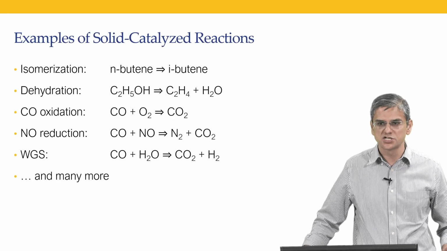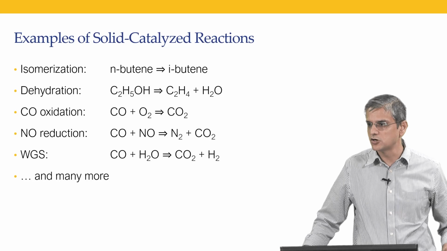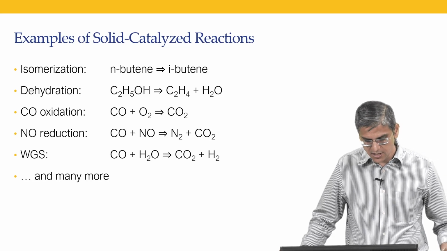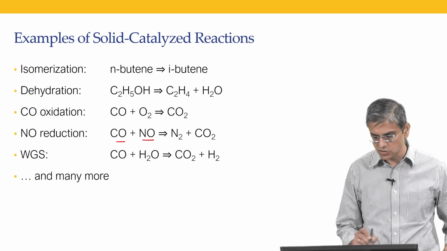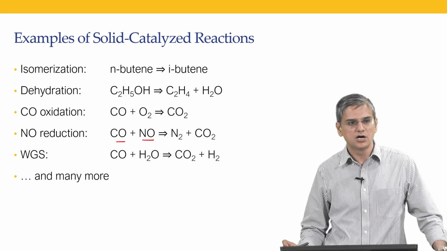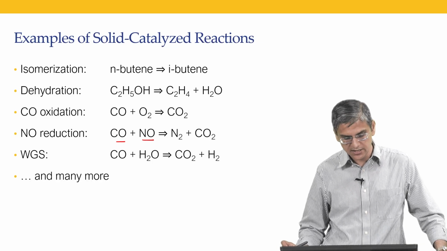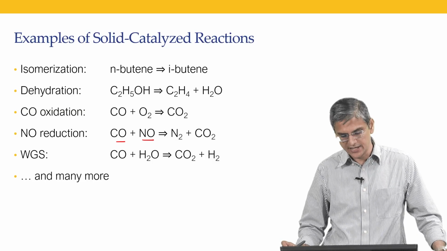You have CO oxidation, which will be promoted on, say, palladium based or platinum based catalyst. Reduction of NO and simultaneous oxidation of CO. This is used in automotive exhaust emission catalysts in order to remove both carbon monoxide and NOx.